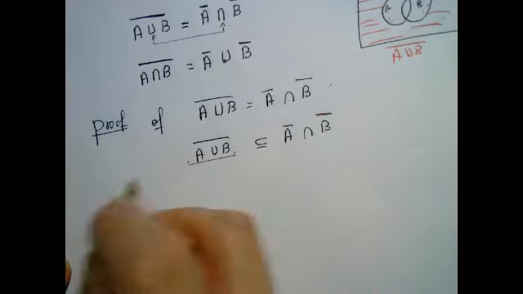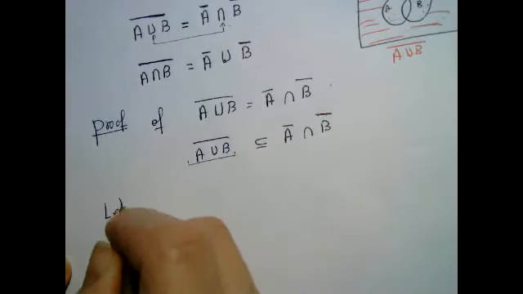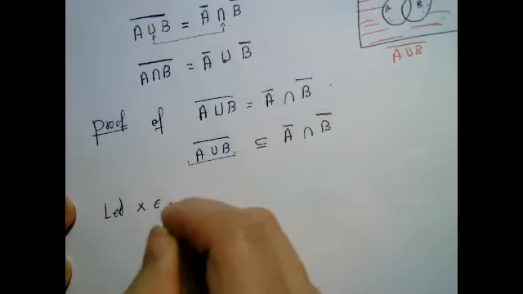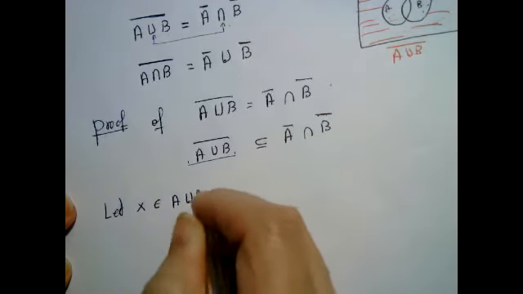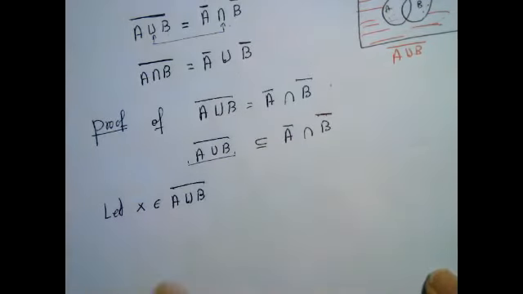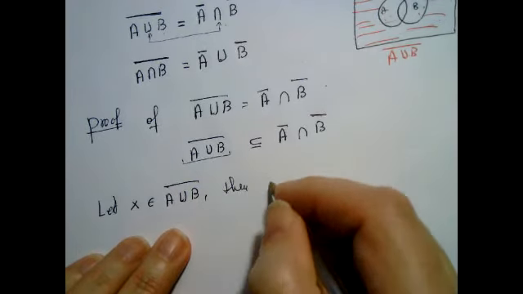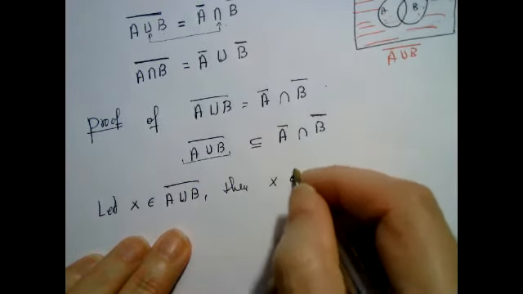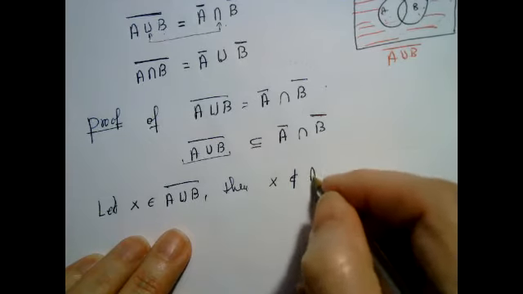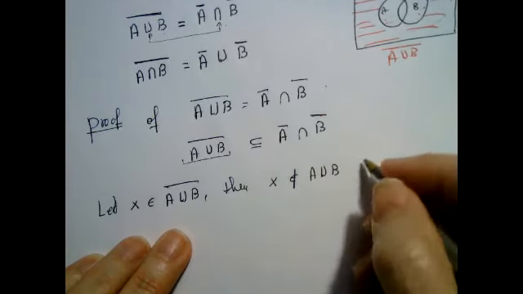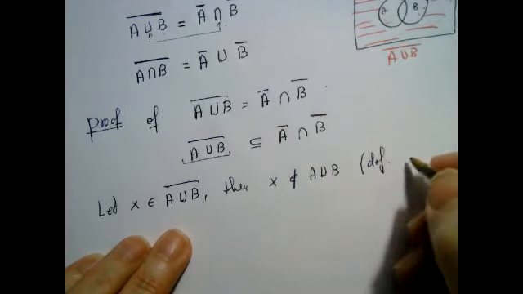We start with an element in here, and I have to show it is in here. So let X be in the complement of A union B. It means that X is not in A union B. Definition of complement.